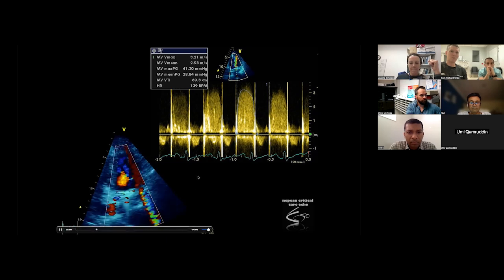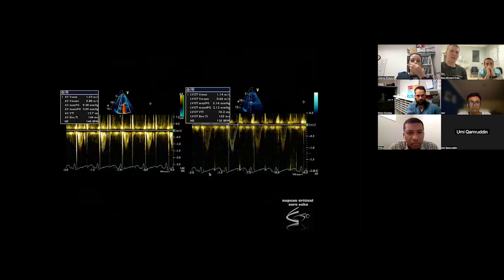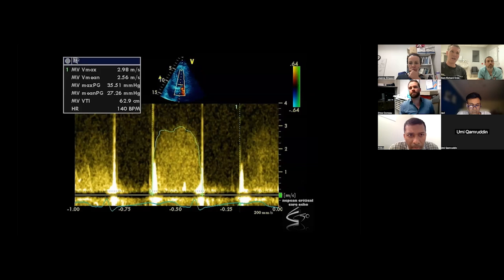One of the big things also for me, from a management point of view, is that just like with aortic stenosis, you look at the dimensionless severity index, and do the same thing with the mitral valve, but I've got a cutoff of about 0.4 rather than 0.25. So here you can see I've got a VTI of 10 for the prosthetic valve, whereas we've got a VTI of 60 over here.